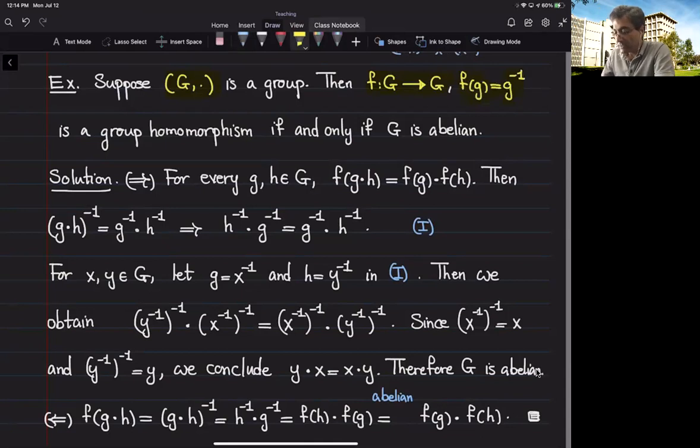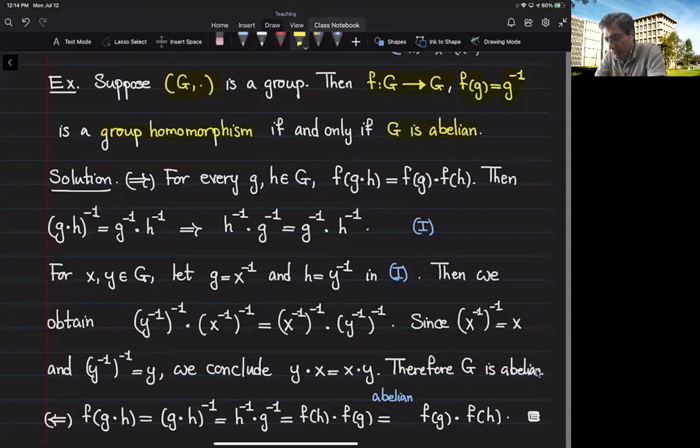The claim is that this function is a group homomorphism precisely when group G is abelian. And recall that abelian means that the order of multiplication doesn't matter for every pair of elements from the group.